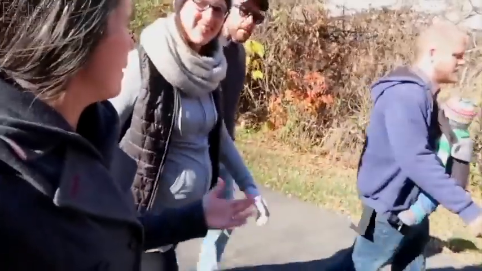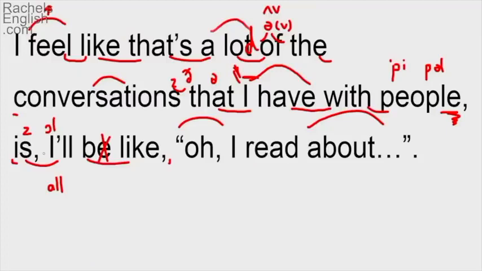"I'll be like, oh, I read about." Oh, I read about. So here I'm slowing down. I'm speaking really clearly because I'm quoting myself. I'm not just talking. I'm saying something that I had said. When we say "I'll be like" it's another way to say "I said."